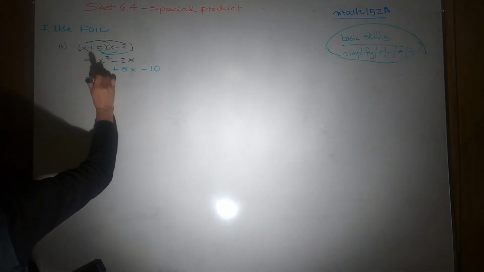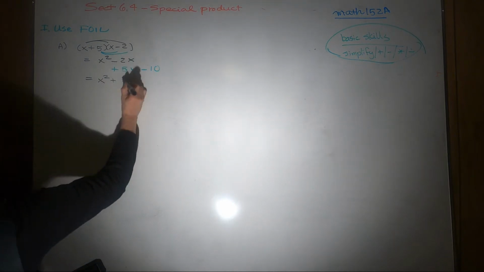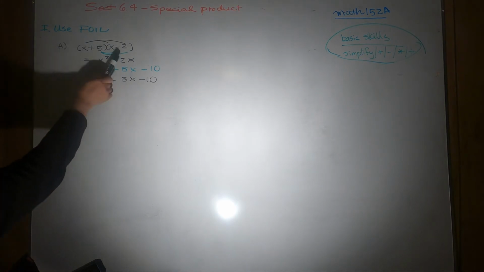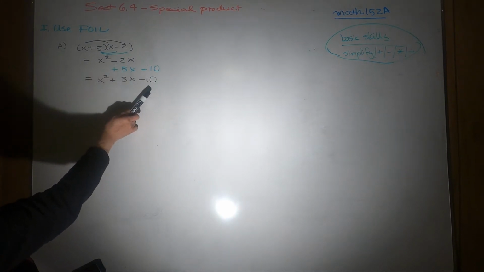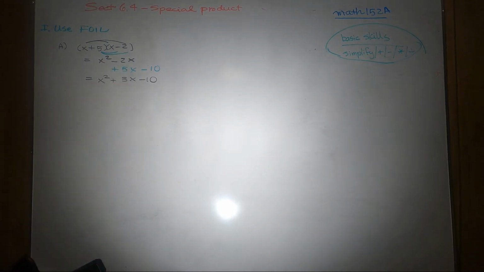So we combine like terms. We have x squared plus 3x minus 10, right? So 2 terms times 2 terms, we have 4. Then combine the like terms in the middle, and we end up with a trinomial, okay?